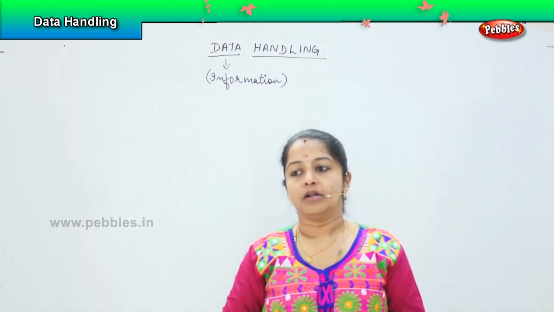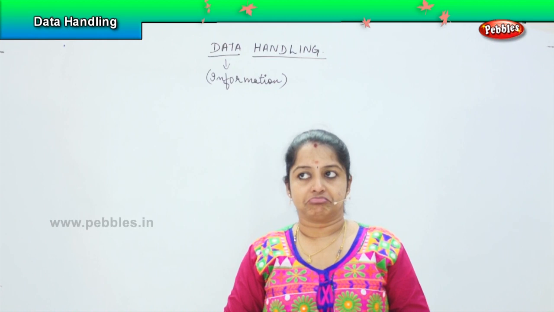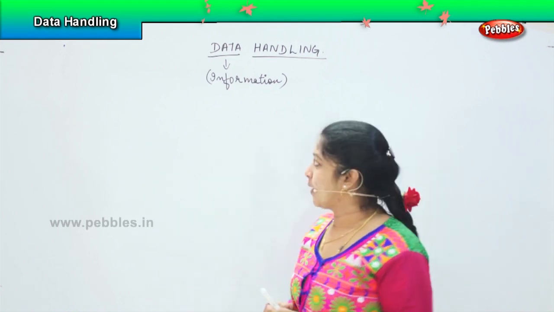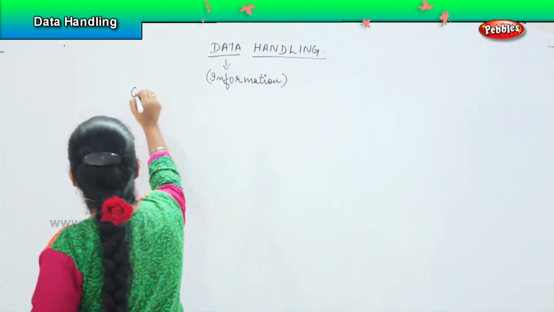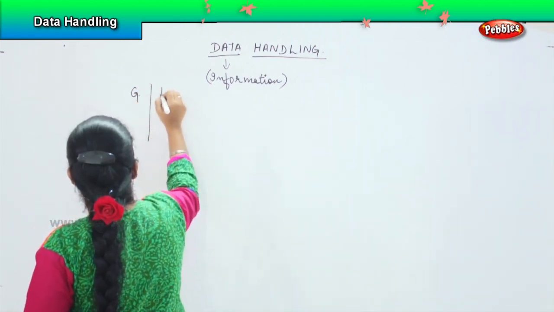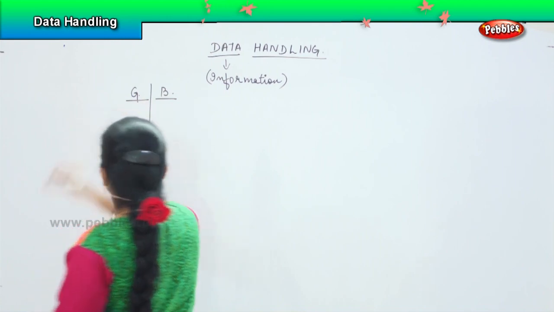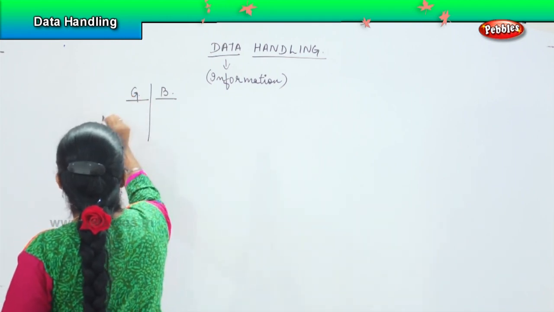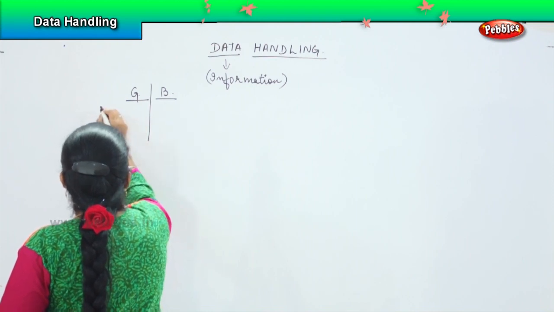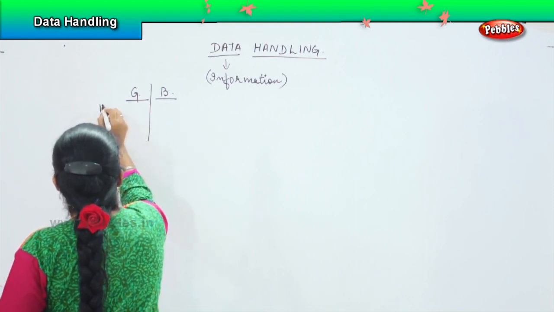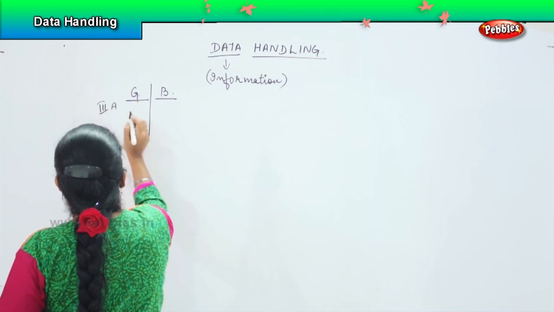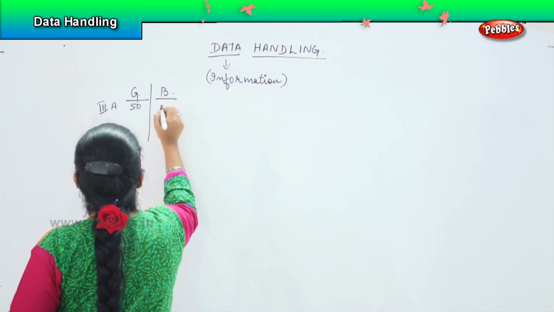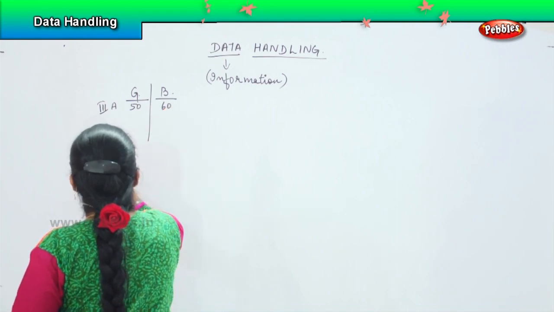For example, if I take the class proportion, say for example I take girls and boys, and I have also given them marks. Say for example, girls of class 3A have scored 50% in maths, whereas boys have scored 60.